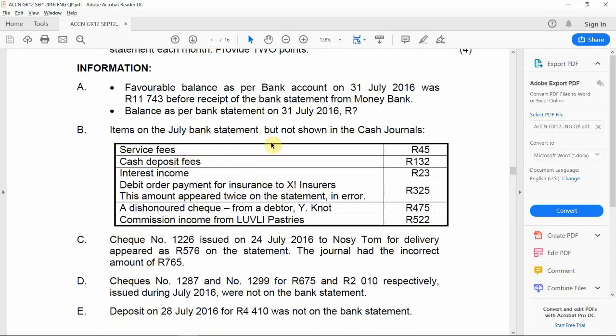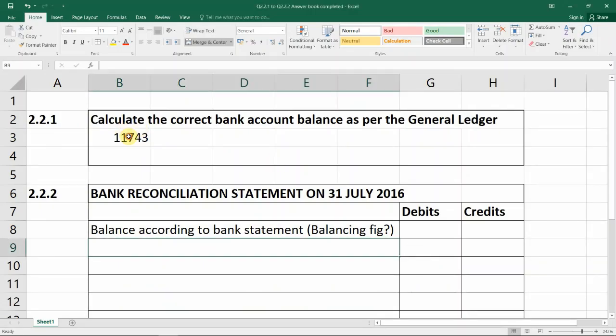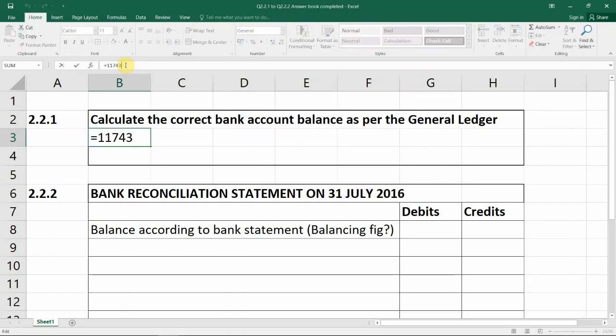So service fees are 45 Rand. Now we know service fees, we will have to go and record in our cash payments journal, which will reduce our bank account's balance of 11,743 by the 45 Rand. So in calculating our bank account balance, we have to subtract 45 Rand here.